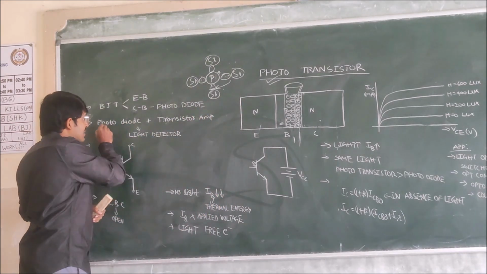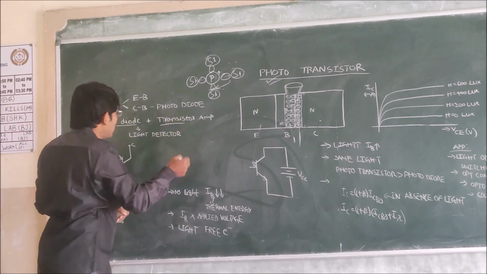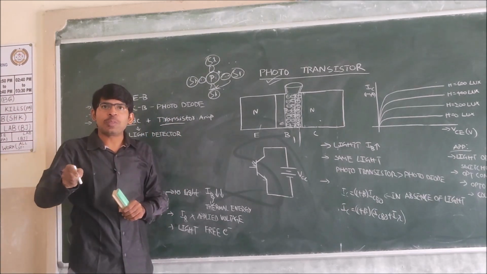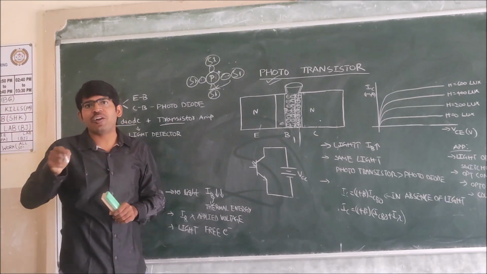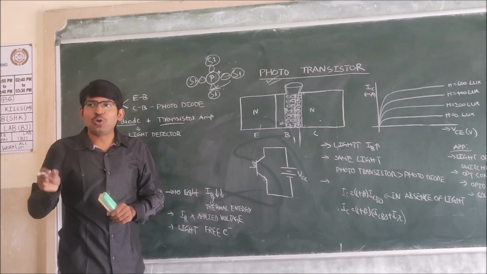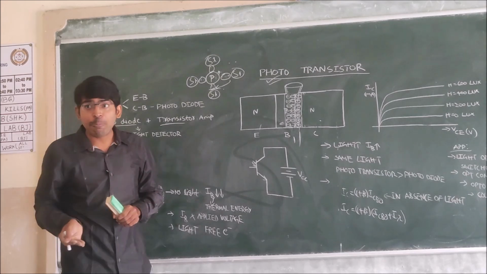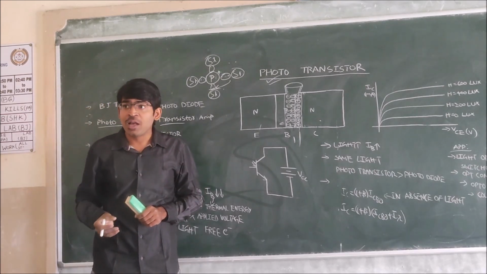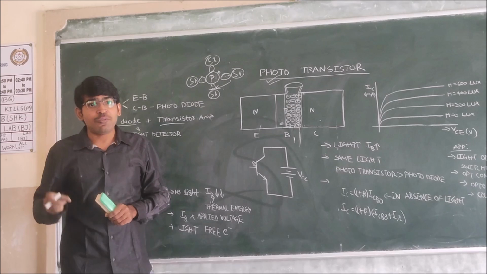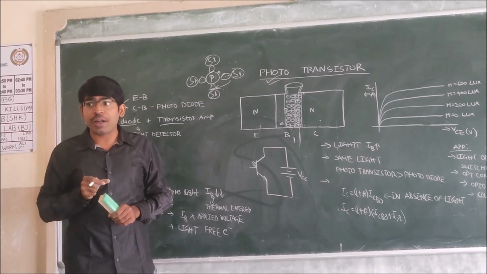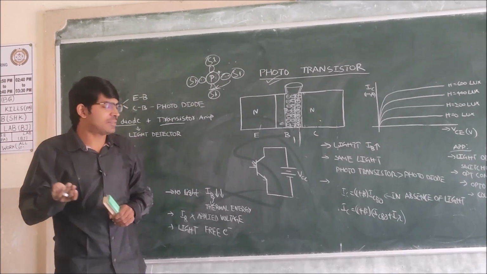Because phototransistor is acting like photodiode plus an amplifier. So photodiode, if we give the light, it is giving some output. Compared to that output, for the same light, when we give to the phototransistor, the output will be higher.